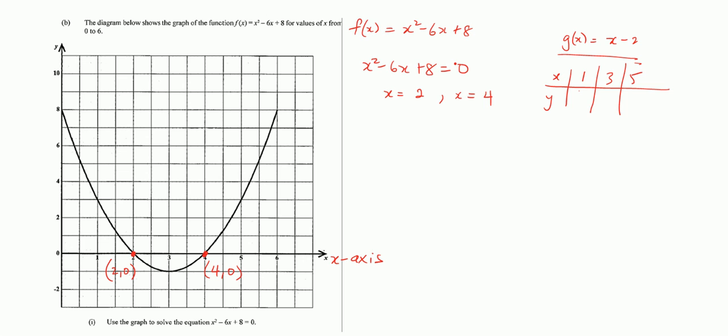So g of 1 is equal to 1 minus 2, which is equal to minus 1. g of 3 is equal to 3 minus 2, which is equal to 1. And g of 5 is equal to 5 minus 2, which is 3. So this is 1, minus 1, this is 3, 1, and this is 5, 3.